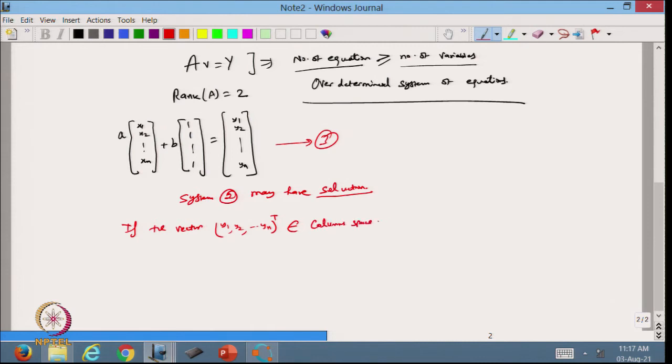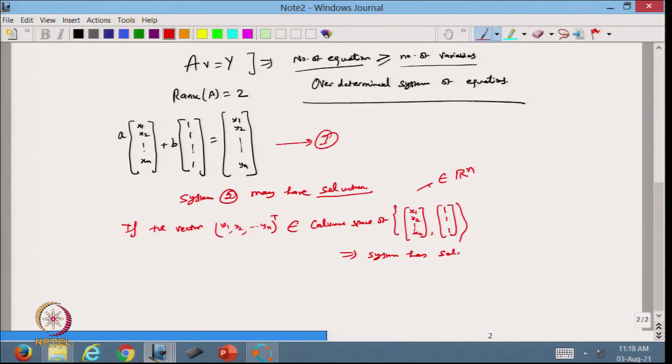If this vector belongs to the column space of this matrix, the column space of the vectors x1, x2, xn and 1, 1, 1, because this one belongs to Rn, then the system has a solution.